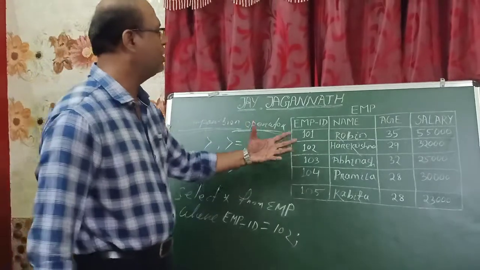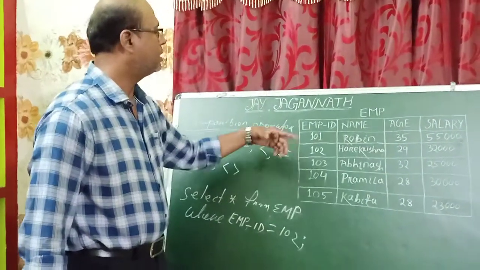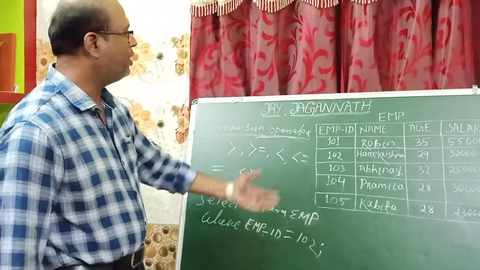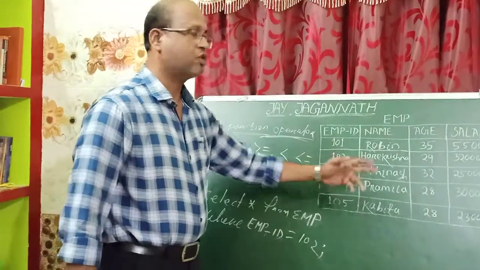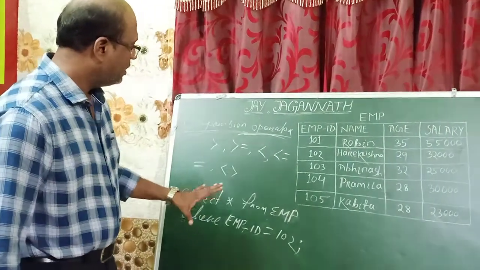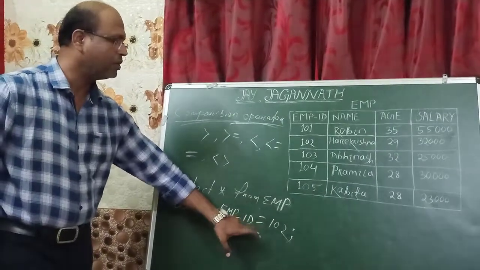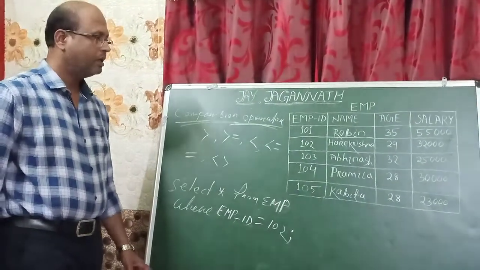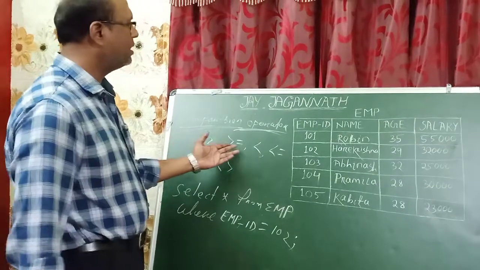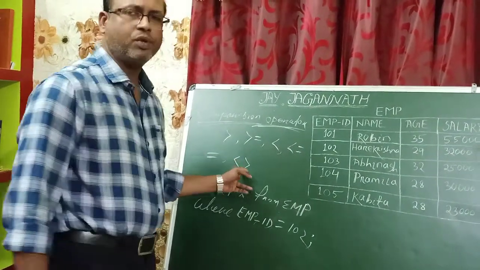Your intention is to retrieve the records of an employee whose employee ID is 102. So you have to write this query like this using the comparison operator equal to. Similarly, you can use greater than or equal to, less than or equal to, and not equal to also.